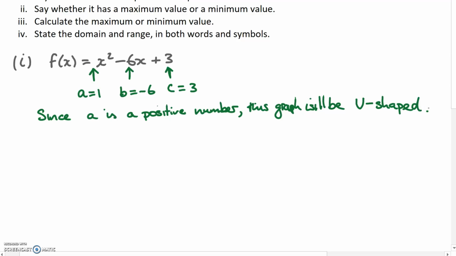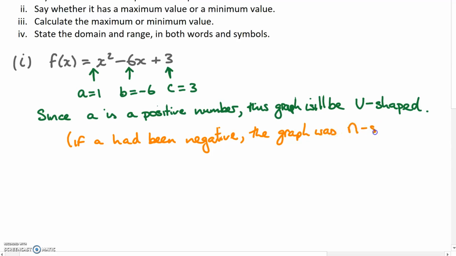Now, if a had been negative, the graph would be N-shaped. Okay? Alright, so that's how to answer part 1.